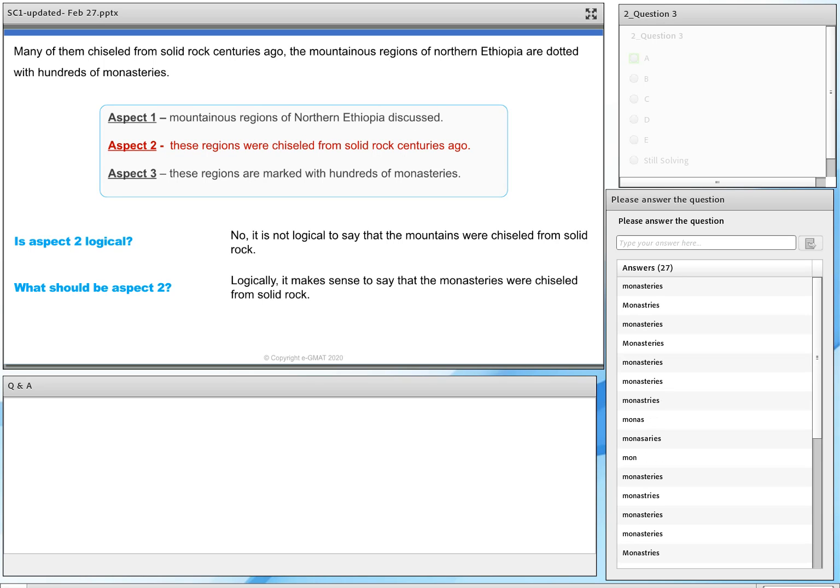So see, even if you have not mastered the meaning-based approach, we all have that logical acumen to understand what makes sense and what does not make sense. This is the acumen that we need to put in practice while solving SC questions. And I told you, that entity that is chiseled is present in the sentence itself. All we need to do is take that extra step to infer the logical meaning.